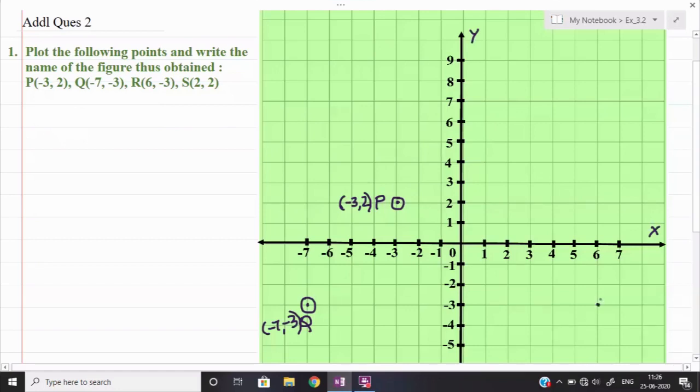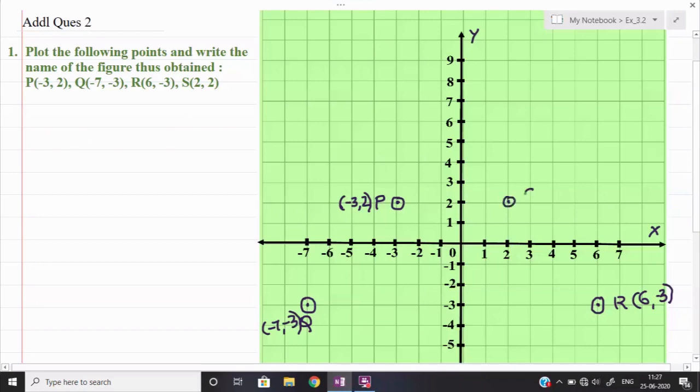This is my third point, called point R, and its coordinate is (6, -3), right? Last one, (2, 2). So x equals 2 means lying here, and then I will go upward, (2, 2), so it can be marked at this place.